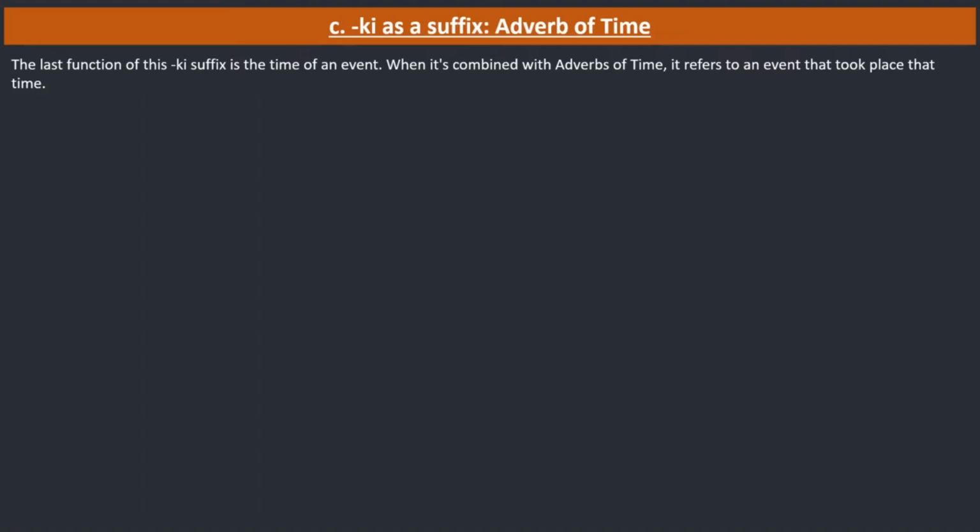When you say tomorrow, it describes the time, like tomorrow, yarın. When you combine an adverb of time with ki, it refers to an event that took place that time.